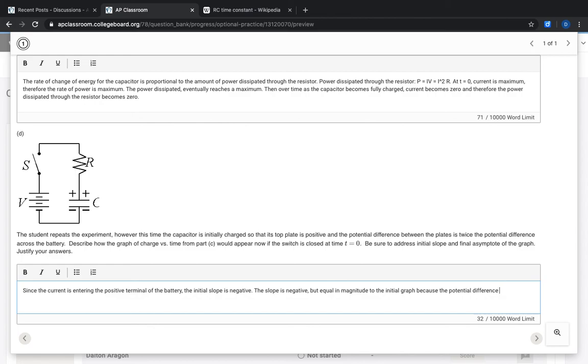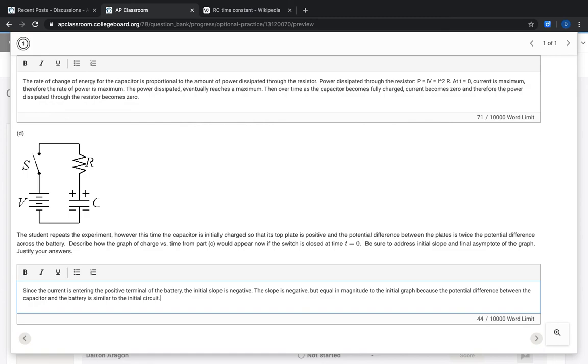So we'll say the potential difference between the capacitor and the battery is similar to the initial circuit. Okay, so that explains that part.